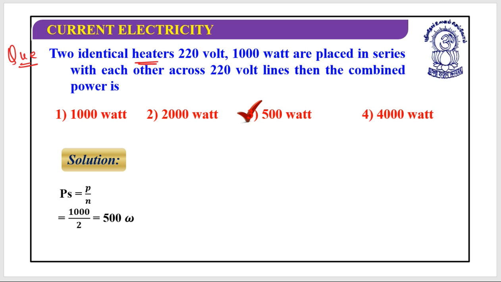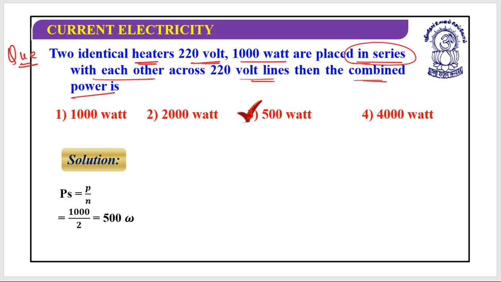What is the question saying? It says two identical heaters, 220 volt and 1000 watt, are placed in series with each other across a 220 volt line. Then the combined power is, yes, they are placed in series.